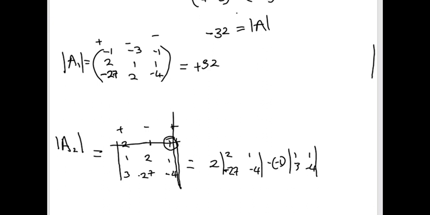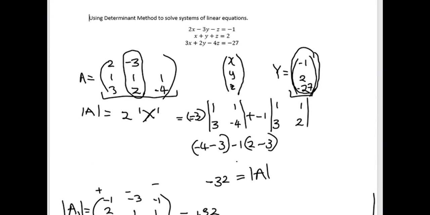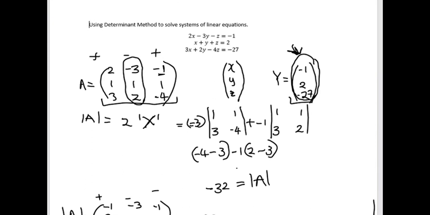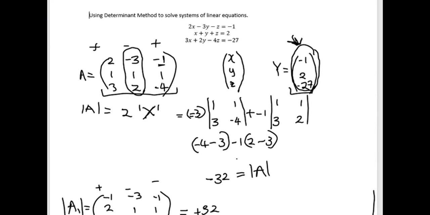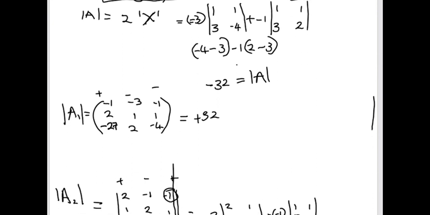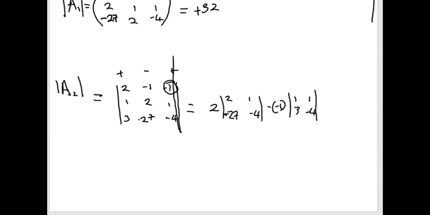I think the main number is a -1 as well. This is a -1 from the original matrix. In this case, I'm not replacing that third column. So I have plus times minus is minus, -1, then 1, 2, 3, -27.